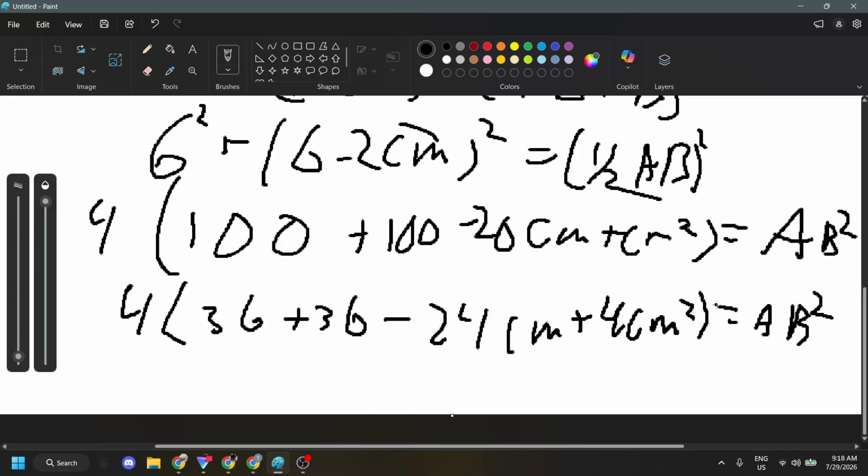Now we just need to isolate CM, I think. Or we could just subtract the two and then solve from there.